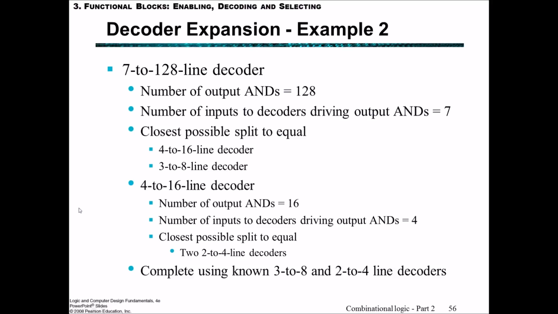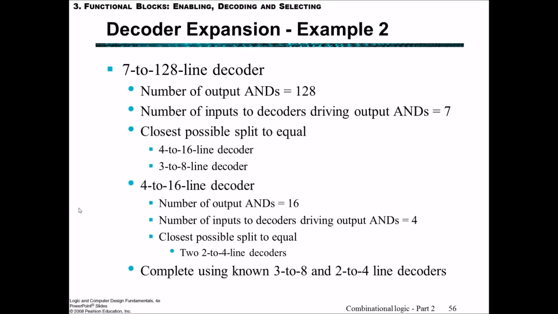In this example, we're going to use what we learned previously in the 2 to 4 line decoder and the 3 to 8 line decoder, such that we can create a 7 to 128 line decoder. So for the entire circuit, we have 128 outputs. Therefore, we need 128 ANDs at the end, and we have 7 inputs to the decoders driving the output ANDs.